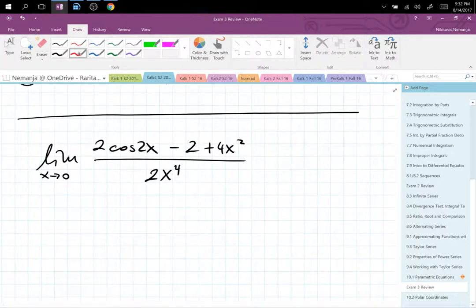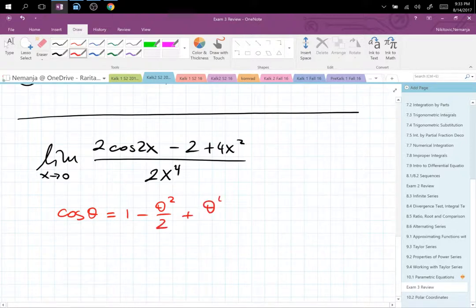I don't know if you know yet, but I know that cosine theta is expanded as 1 minus theta squared over 2 plus theta to the 4 over 24 minus theta to the 6 over 720 plus dot dot dot forever.